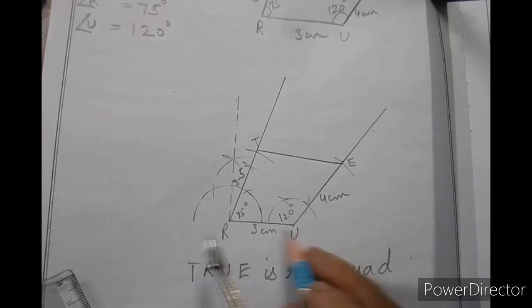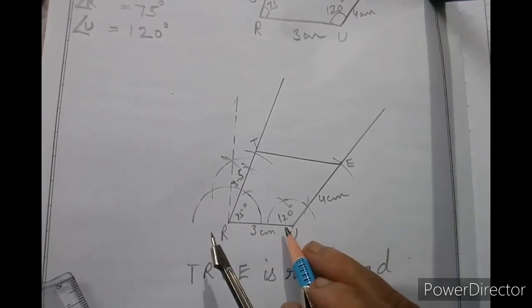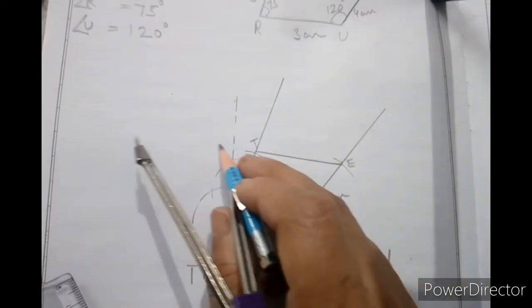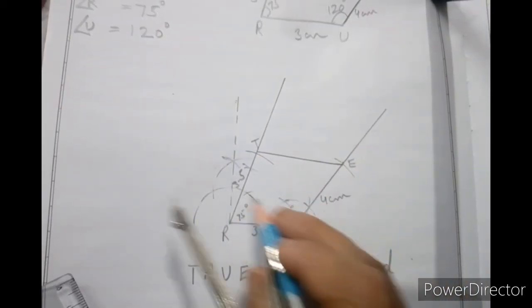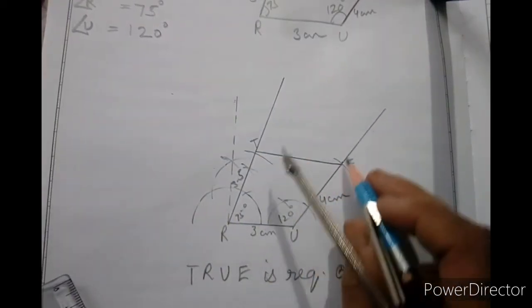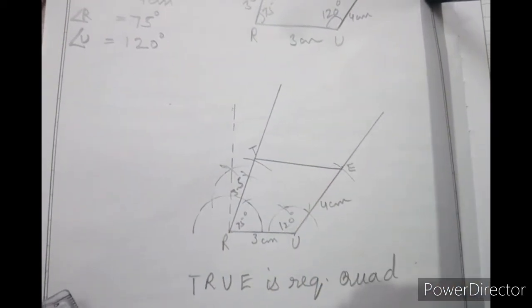Is it clear? RU, angle 75, then construction of U of angle 120 degree, cut according to the measurements given, join TE, you will get TRUE as the required quadrilateral.